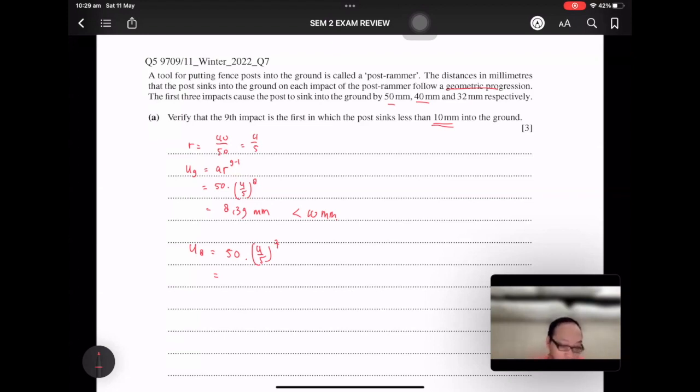So this is 10.49, which is greater than 10 millimeters. So verified that the ninth impact is the first that sinks less than 10 millimeters.